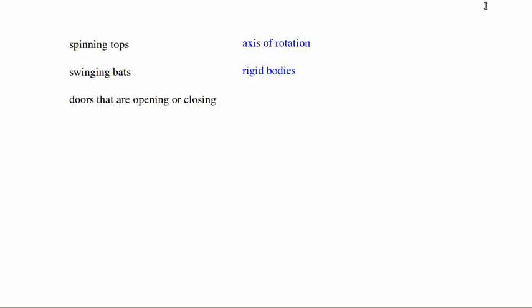Now, how are rigid bodies able to attempt to preserve their shape? Well, I'm not going to talk too much about this, but imagine that all the tiny particles that make up a rigid body are connected by stiff springs. And how do stiff springs behave?